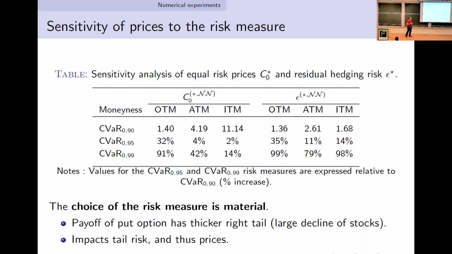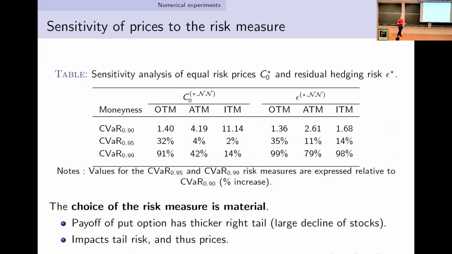What we observe is that the price is quite sensitive to the risk metric we're considering in this approach, because if we consider 99% CVAR, we have out of the money option prices that almost double. So this method is quite sensitive to the choice of risk measure, especially for out of the money options.